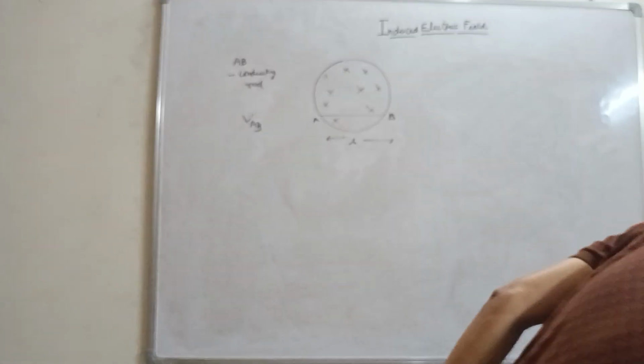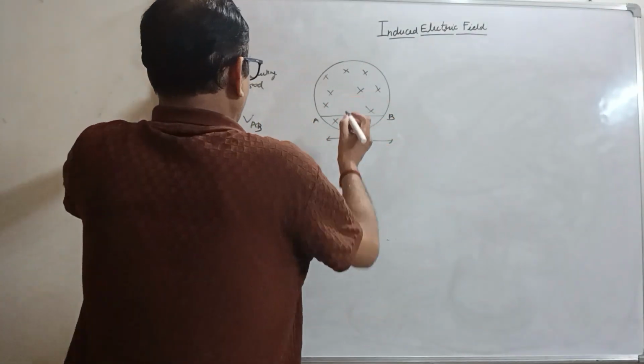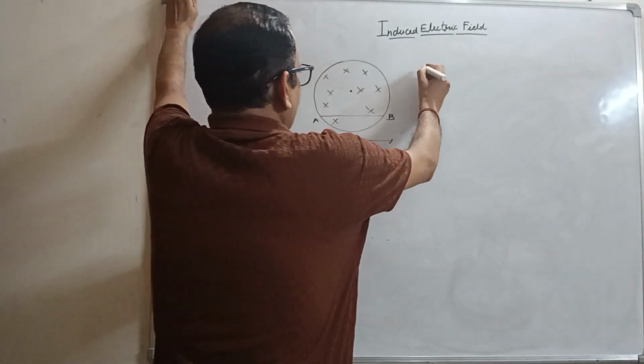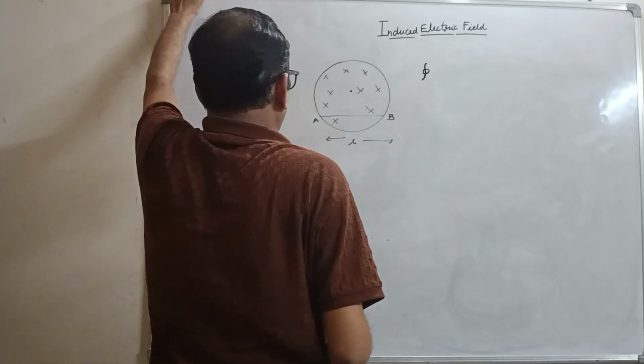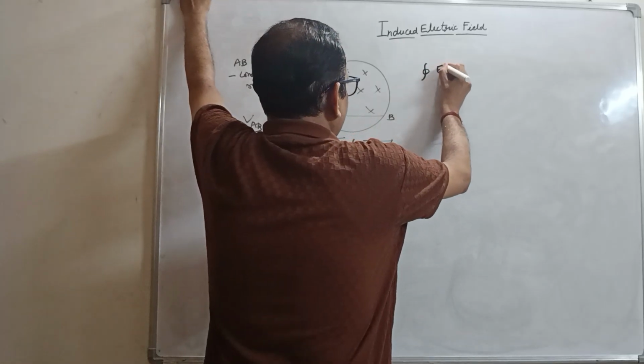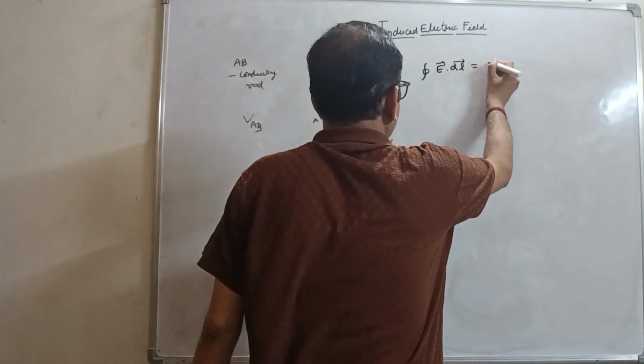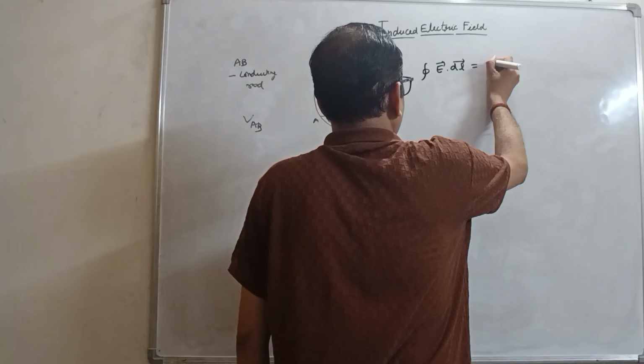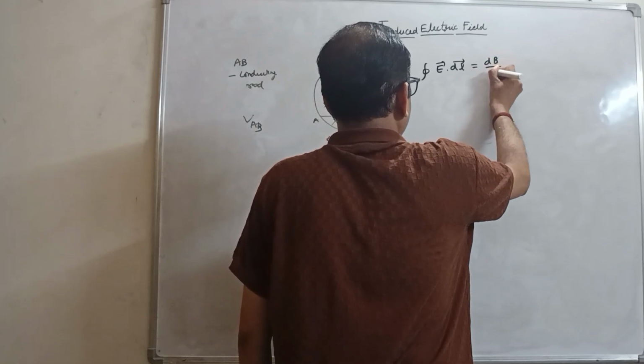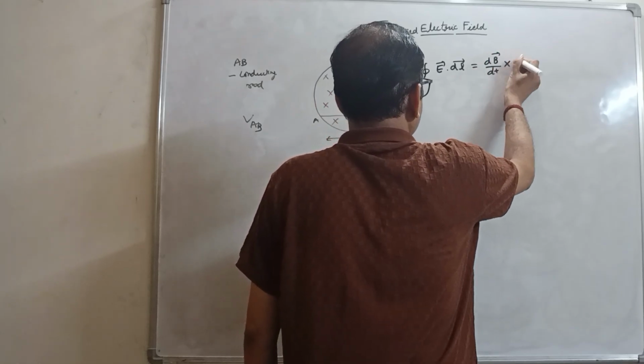For finding the potential, we know the closed line integral of electric field E dot dl is dB by dt into area.